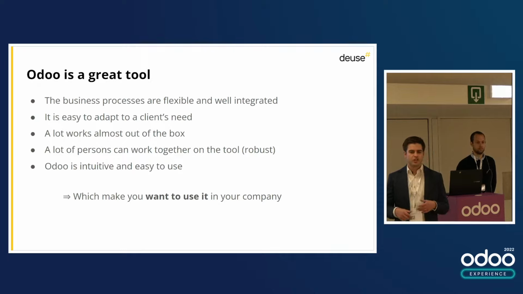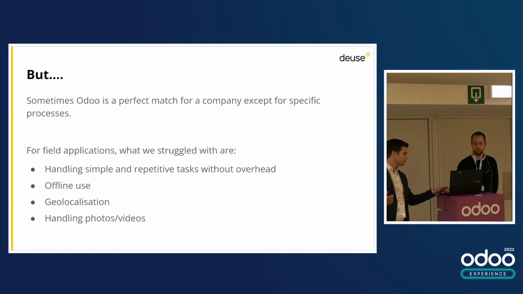The implementation does not cost too much, so you have a very good ratio between work spent and everything you get for it. It's fairly intuitive to use, and you can use it with a lot of people. So for a company, you want to use software like Odoo for your backend instead of a custom development.